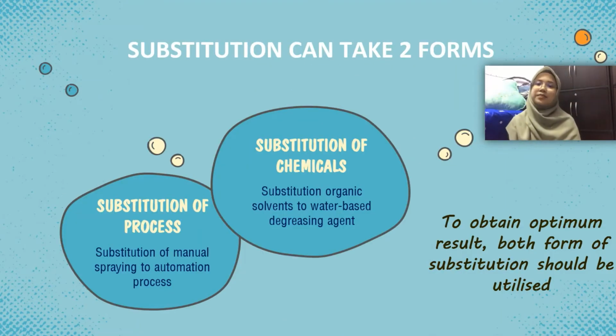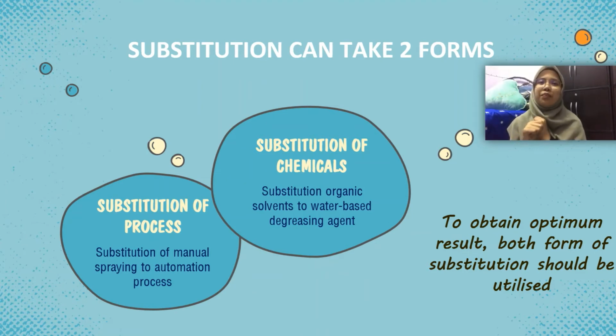Okay, substitution can take two forms: substitution of process and substitution of chemicals. First, substitution of the process, for example substituting manual spraying with an automated process.